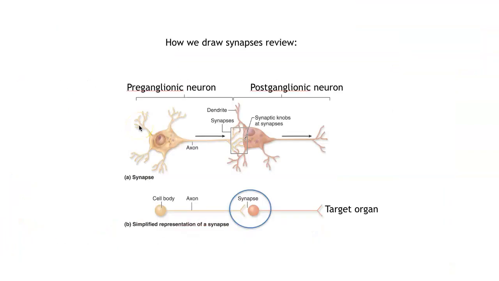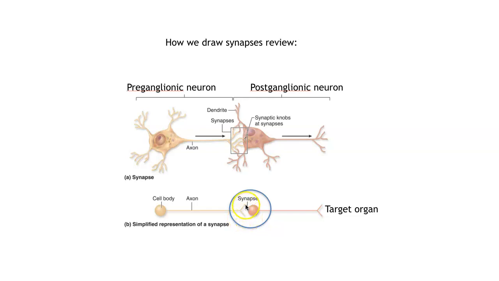And I just want to be sure you understand all these drawings we're going to be doing, especially a little bit later on. This is how we're drawing these synapses. Remember, preganglionic neurons and postganglionic neurons are visceral motor. All motor neurons are multipolar neurons. So the way we're going to be drawing these, here's the cell body, axon.